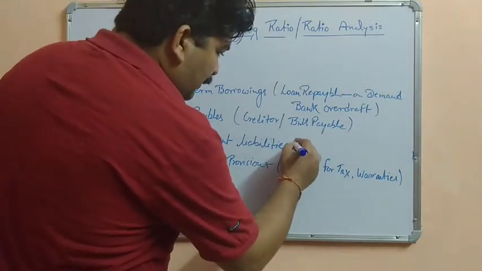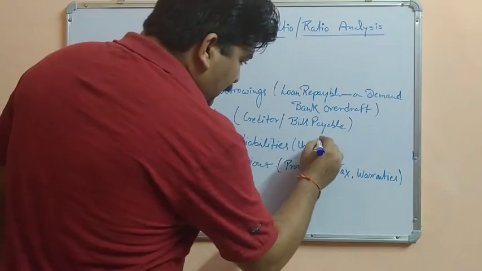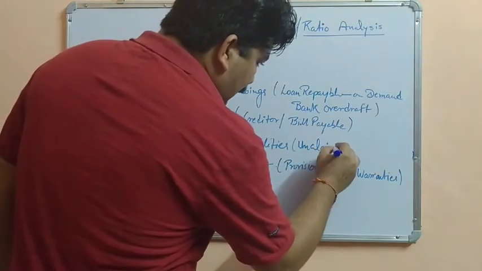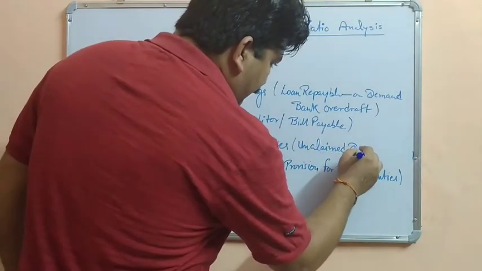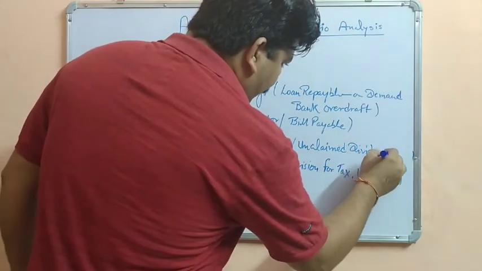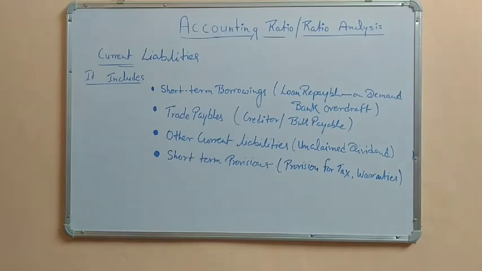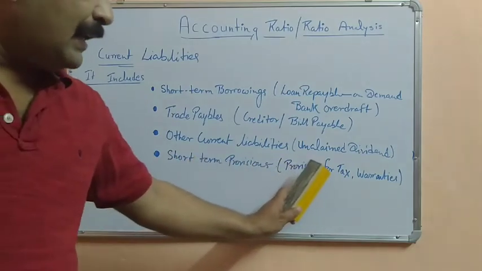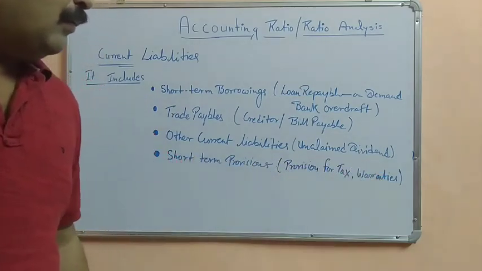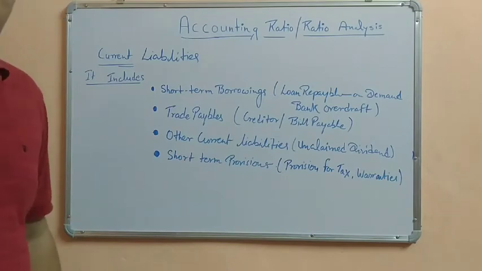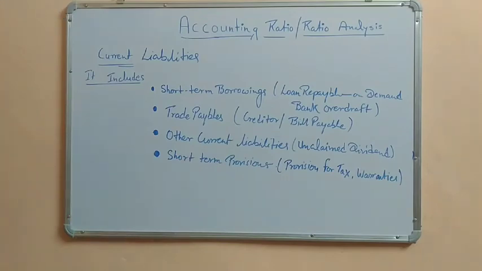Next is short-term provisions. It includes provision for tax and provision for warranties. These are the two items included in short-term provisions.